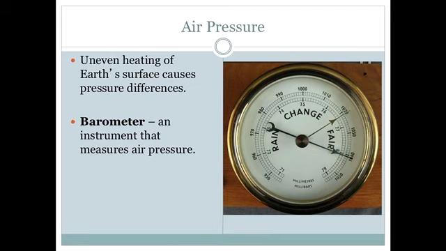And the lower pressures, as you can see, such as 950, 960, 970, 980, 990, those bring storms, hurricanes, tornadoes, rain. So low pressure, the type of weather that's associated with those are storms.